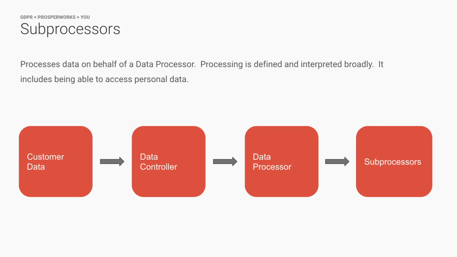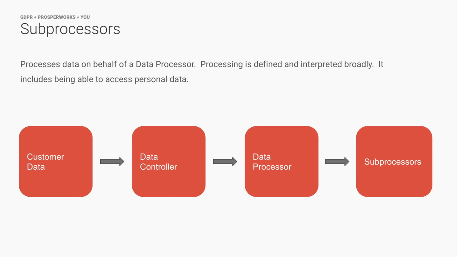Now, it's important to note that the definition of what constitutes a subprocessor is pretty broad. Amazon here, for example, as a hosting provider, isn't really looking into the data that we're storing on their servers, but just the fact that the data is funneled through their servers, resides on their servers, is reason enough for it to be classified as a subprocessor.